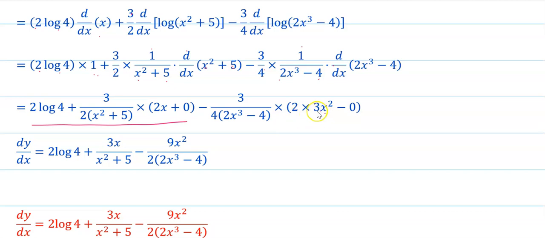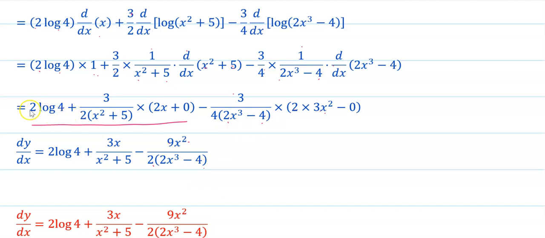Okay, 6x square into 3, and that will become 18x square upon 4, and after simplification you will get 9x square upon 2 into 2x cube minus 4.